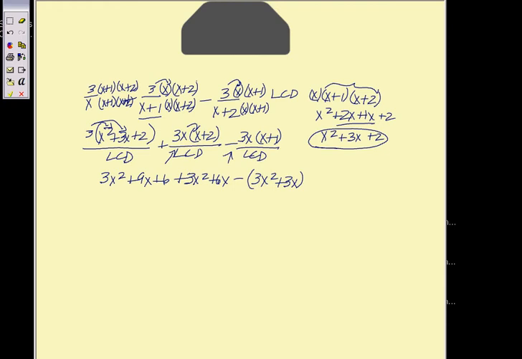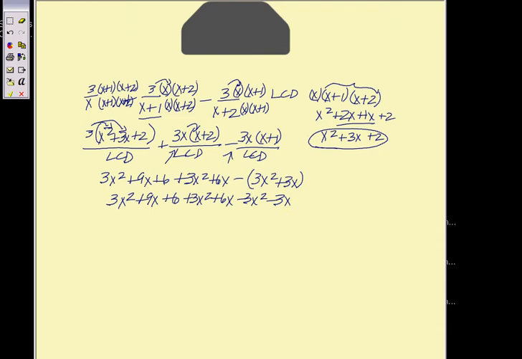That's a tricky part, so I like to take an entire step just to take care of that so we don't make any errors. So negative distributed to our 3x squared, and then negative is distributed to the plus 3x. We're just going to change the sign there to minus 3x.